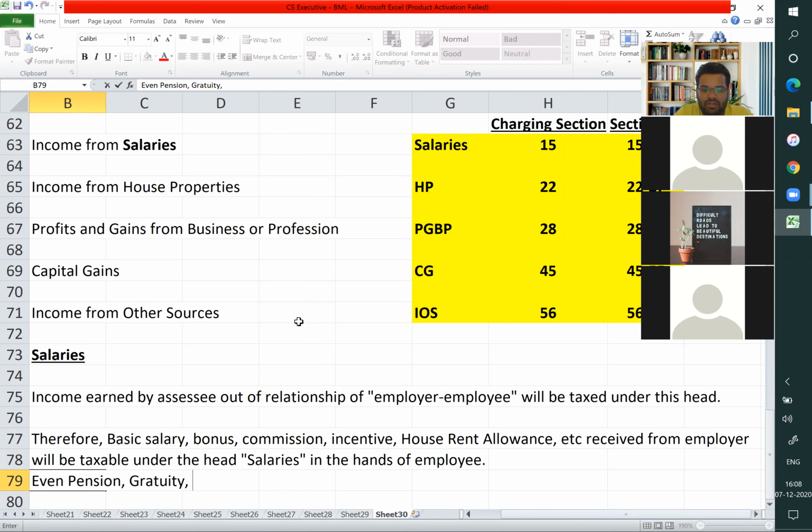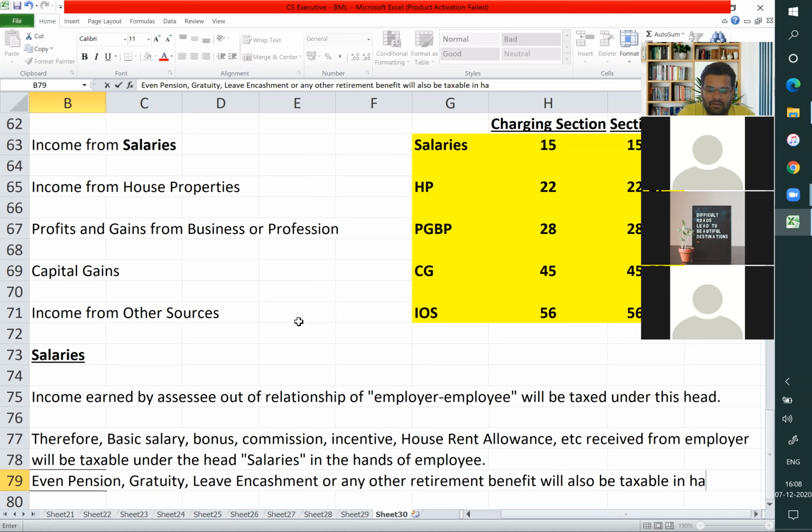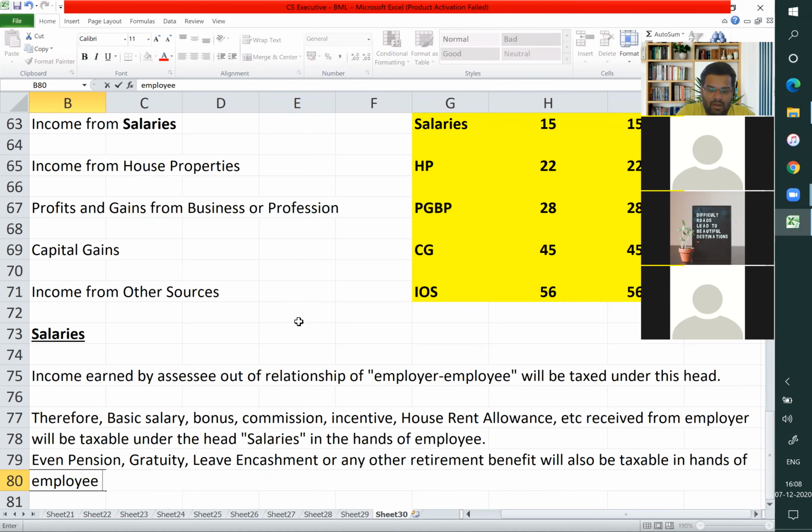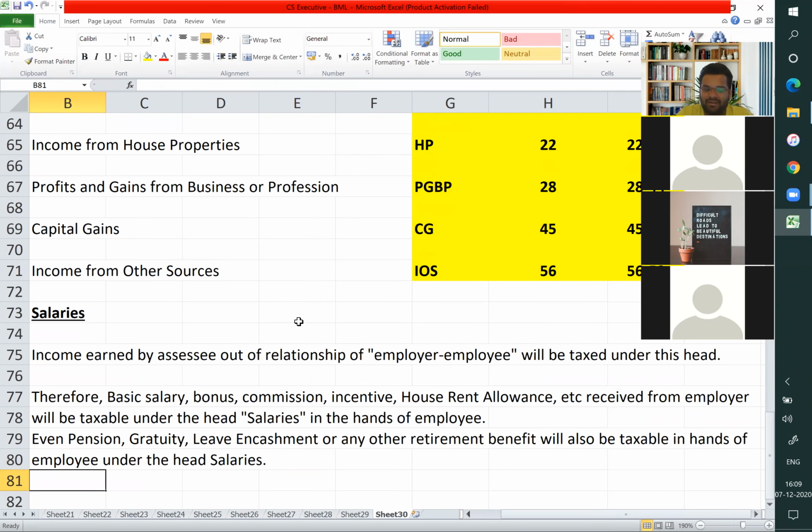So even pension, gratuity, leave encashment, or any other retirement benefit will also be taxable in the hands of the employee under the head salaries. Is the point clear to all of you?